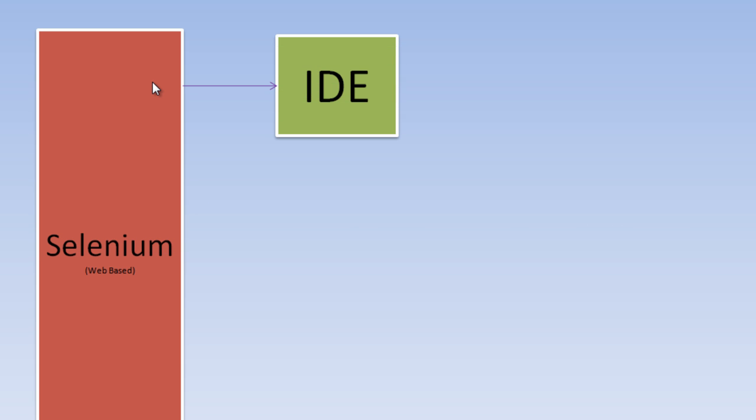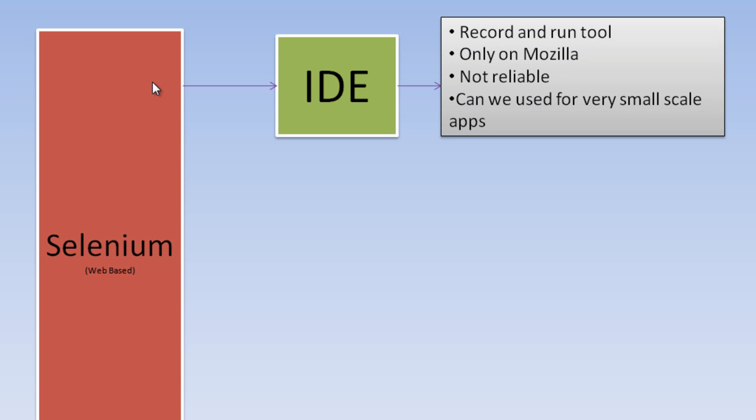The first component is IDE, right? It's not a very useful tool. Many of you must be knowing about it. It's primarily a record and run tool. A record and run feature is there on every automation testing tool, whether you take up QTP or Silk Test, or any automation testing tool, you'll always find a record and run feature in every tool.